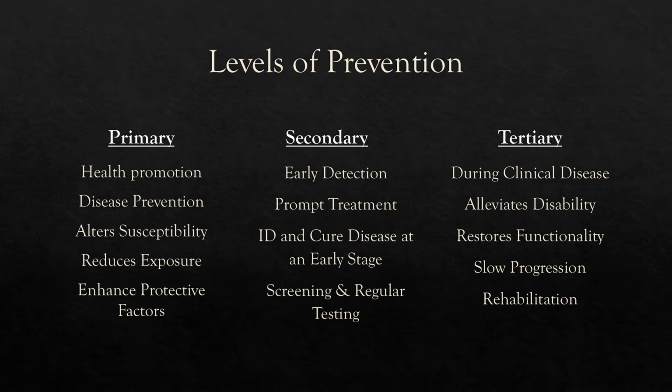Primary prevention refers to prevention of the progression to disease. So this involves health promotion, disease prevention. It alters someone's susceptibility. So primary prevention reduces exposure and enhances the protective factors of that person.